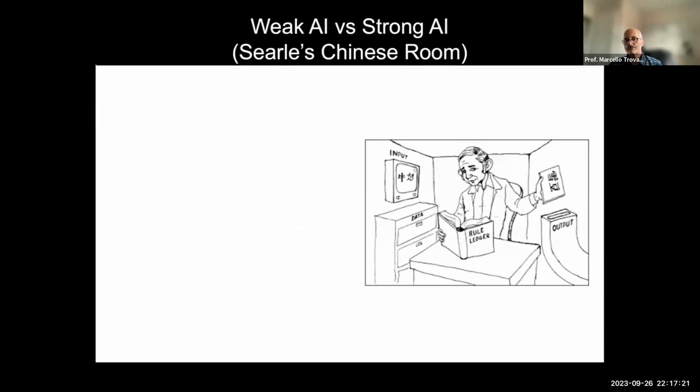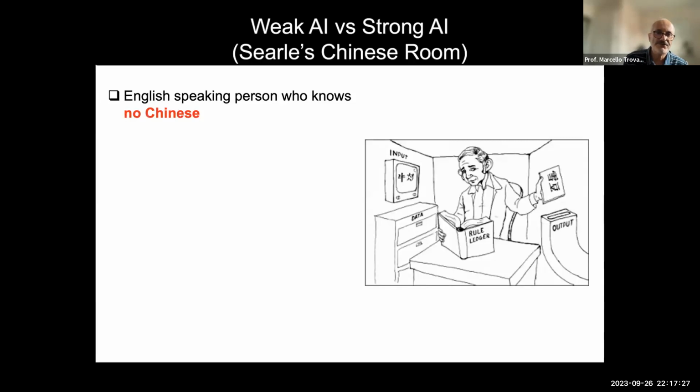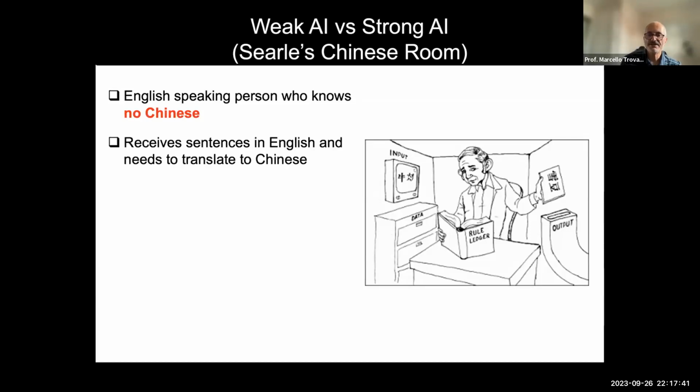Right. Let's look at this example. Suppose we have an English-speaking person, but it could be any other language, who knows no Chinese. Just for the sake of simplicity, assume we have this person stuck in a room. This man doesn't understand a word of Chinese.